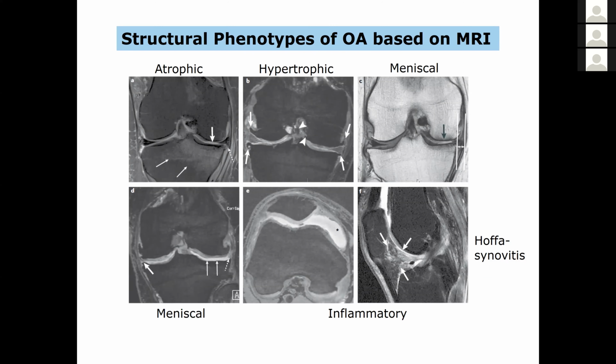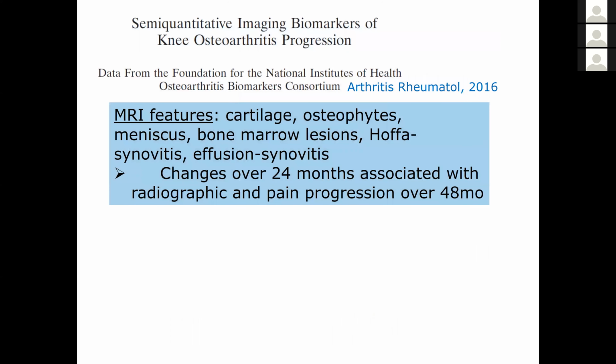in this particular study. This came from the Osteoarthritis Biomarkers Consortium supported by the NIH. Here they looked at the MRI features of cartilage, osteophytes, meniscus, the bone marrow lesions, as well as Hoffa synovitis and effusion synovitis that I showed you on the previous images. They were looking at changes over 24 months that are associated with the radiographic and pain progression in the next 48 months.